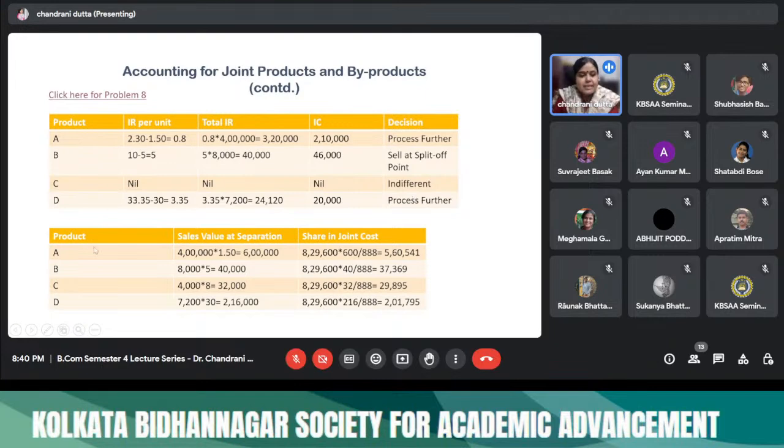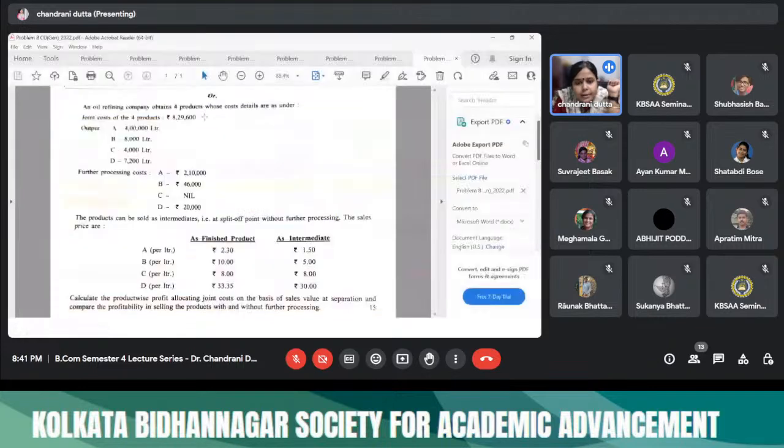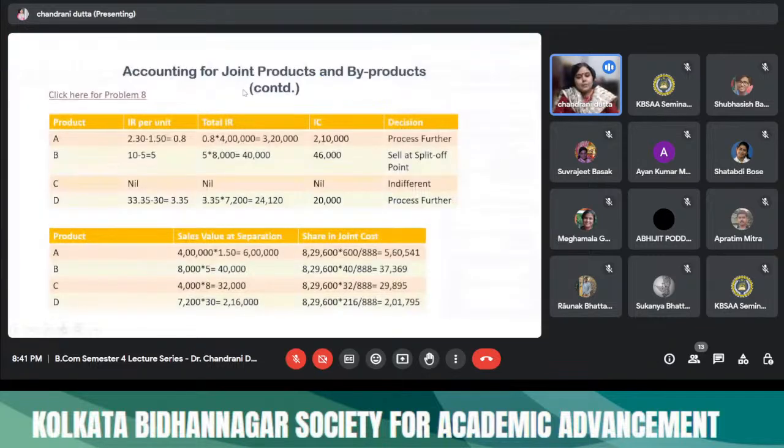Okay, fine. After deciding this, next we will distribute the joint cost. The problem said that we will distribute the joint cost based on the sales value at separation point, as I just said. So I will calculate the sales value at separation point: 4 lakh into 1.5, 8,000 into 5, 4,000 into 8, and 7,200 into 30. These are the sales values of A, B, C, and D at separation point.